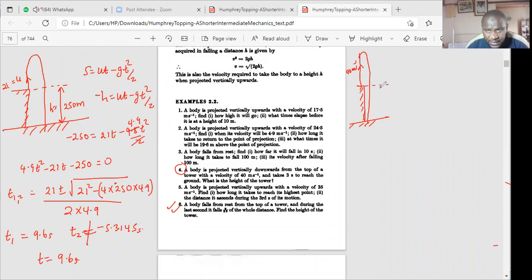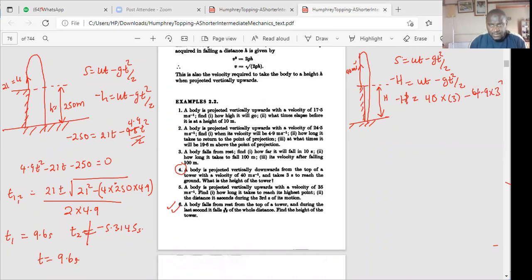So we do not know the height of the tower. But all we know, from s equals ut minus gt squared over 2, the height is going to be negative because it is going below the top of the tower. So negative h equals the initial speed times time minus gt squared over 2. With this, you can see that negative h is equal to 40 times 3 seconds minus 4.9 times 3 squared.